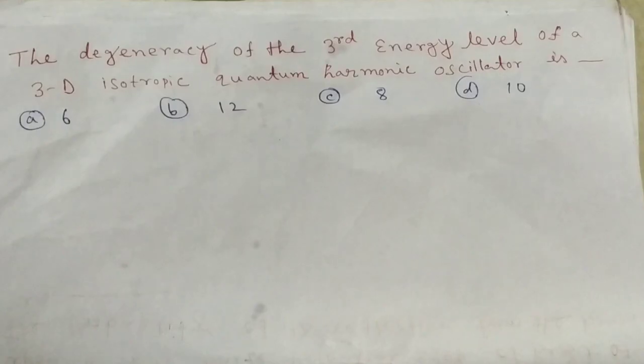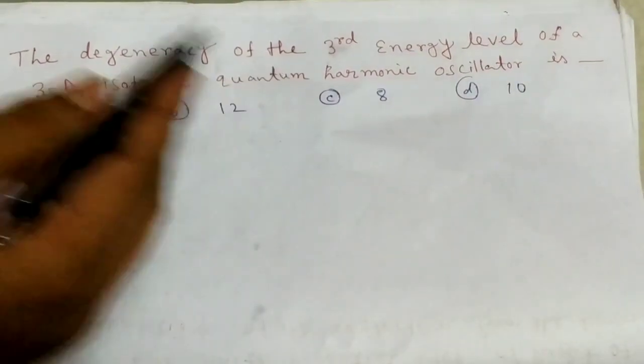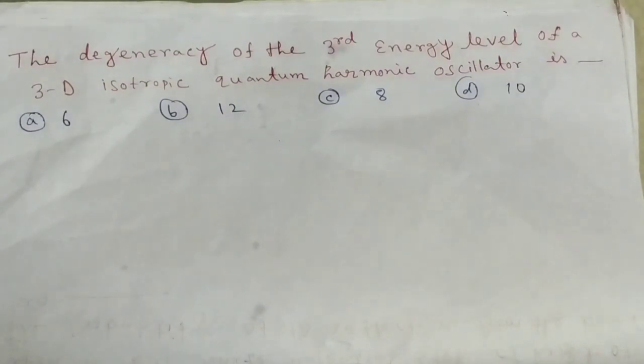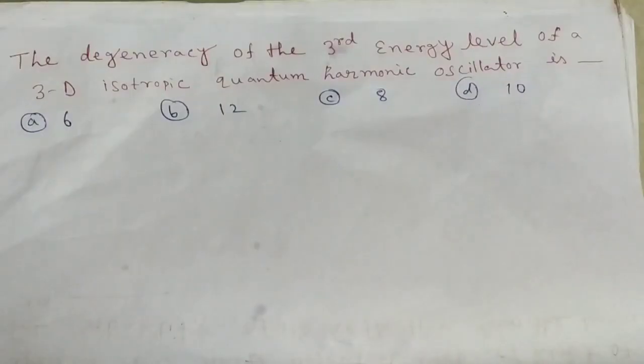Now we discuss some quantum harmonic oscillator problems. Here the problem is: the degeneracy of the third energy level of a three-dimensional isotropic quantum harmonic oscillator is 6, 12, 8, 10.